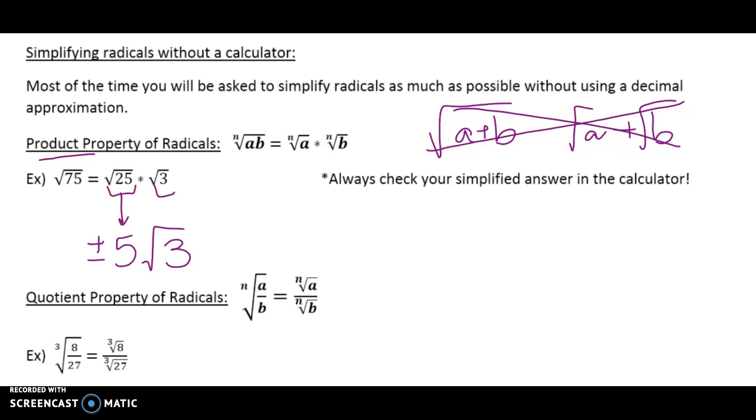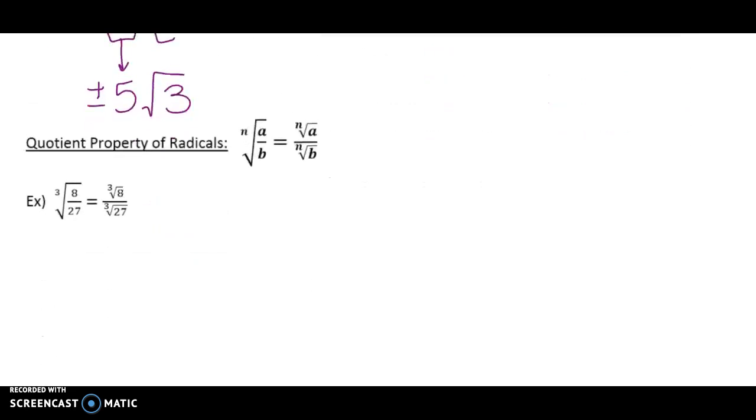And that also works when you're dividing, too. The quotient property says if you have a radicand that's a fraction, you can break it into 2 separate radicals. So this cube root of 8 over 27 turns into the cube root of 8 over the cube root of 27, which is a lot nicer to do than trying to find that decimal and take the cube root of it.